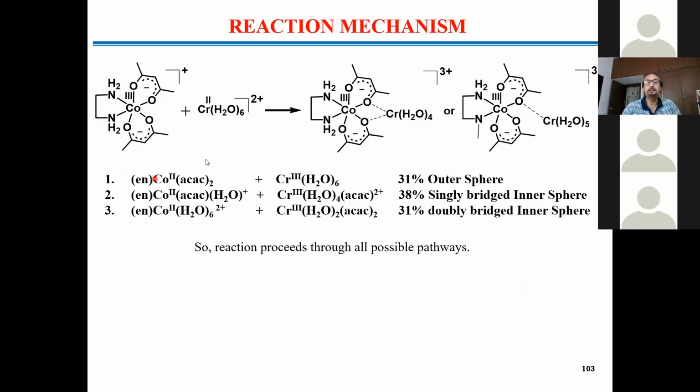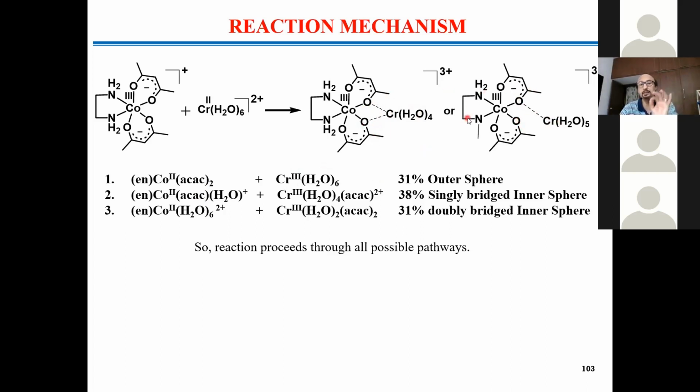But in this case, crystallographically they have shown that it has an outer sphere component of 31%, where there is no bridge. But there are two more states where it can bridge, though weakly, and you could notice that these are all dotted bonds, not solid bonds. That means very weak, but not negligible, so you cannot neglect it. This is called doubly bridged and this is called singly bridged. So these are the components which are responsible for the inner sphere mechanism.